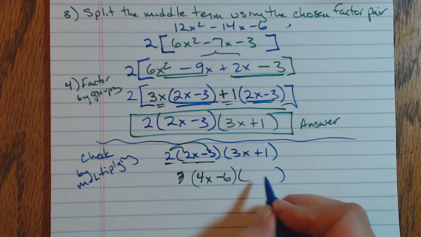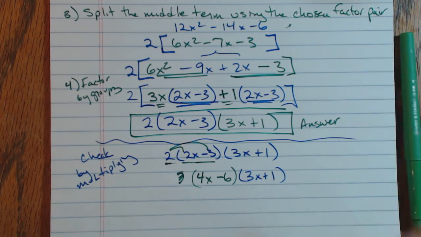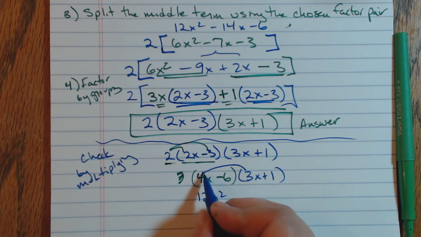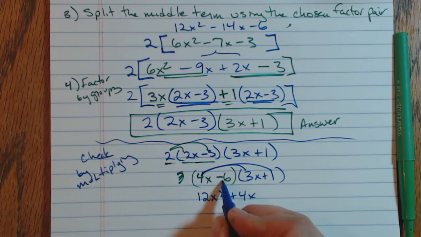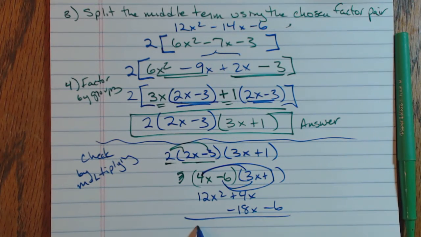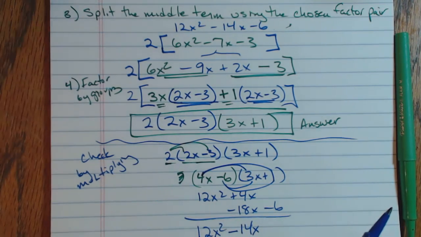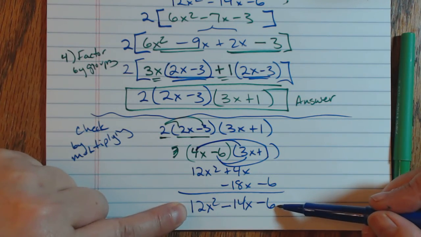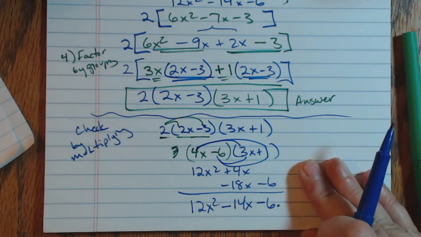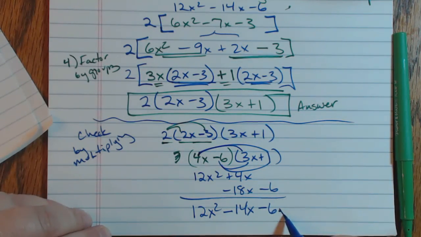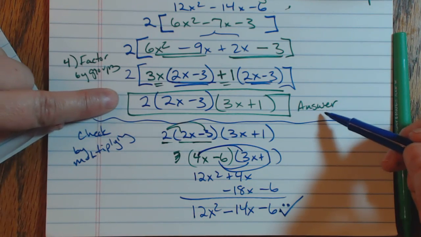And then I'm going to multiply that result by the last factor, and I'll do that with FOILing. And when I get to the end of that FOIL, I can compare it back to my original equation. And sure enough, 12x squared minus 14x minus 6. So it does check out, and I feel good about my answer.